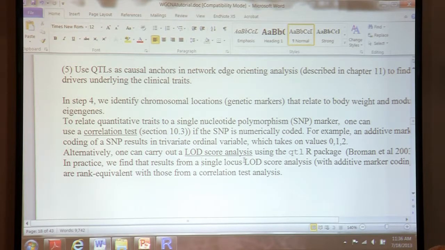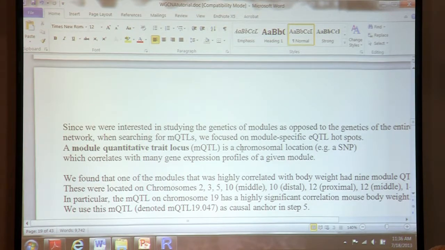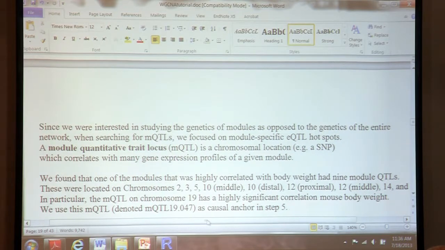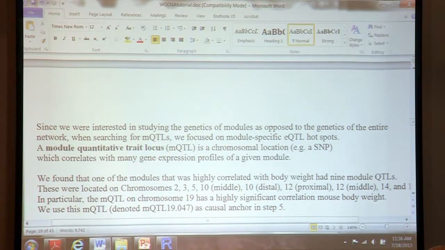But also, you can really use a correlation test if you code the SNPs in a numeric fashion, and you can just ask, which SNPs have a significant correlation with body weight. And also, by the way, can you see this? Yes, okay. You can ask for eQTL hotspots, meaning within a module.